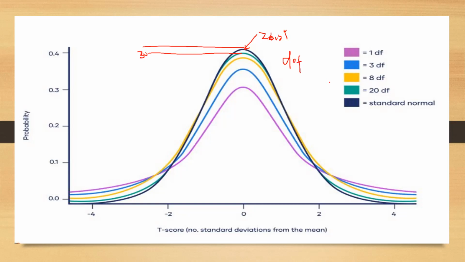The moment your sample size is 30 or less, we have to accommodate for that small size. And then we begin to talk of degree of freedom. In our Z distribution, nobody talks of degree of freedom. But in our T distribution, because we are dealing with a small size sample, we begin to talk of degree of freedom.